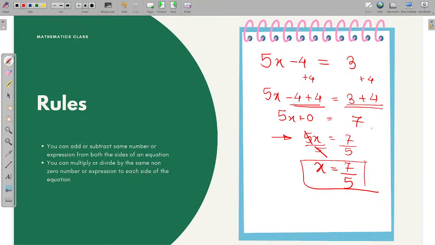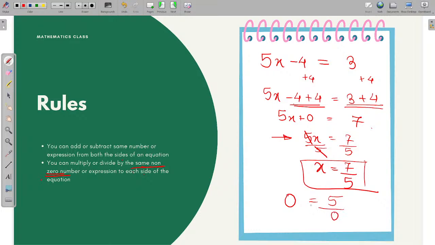Now there's one important thing in this rule. You can multiply or divide by the same non-zero number. The number should be non-zero. That means if you have 0 on one side and some number on the other side, you cannot just divide it by 0.